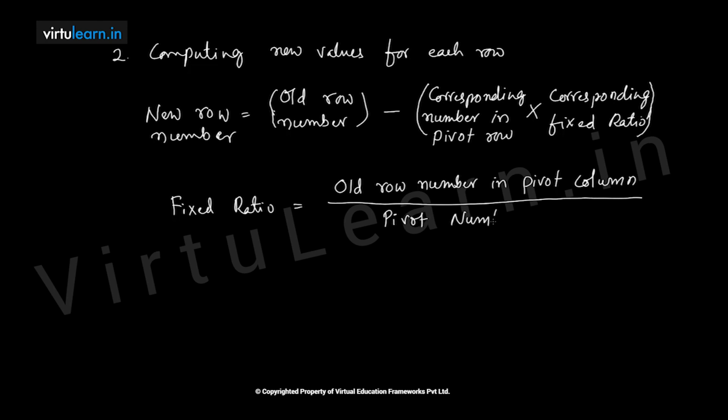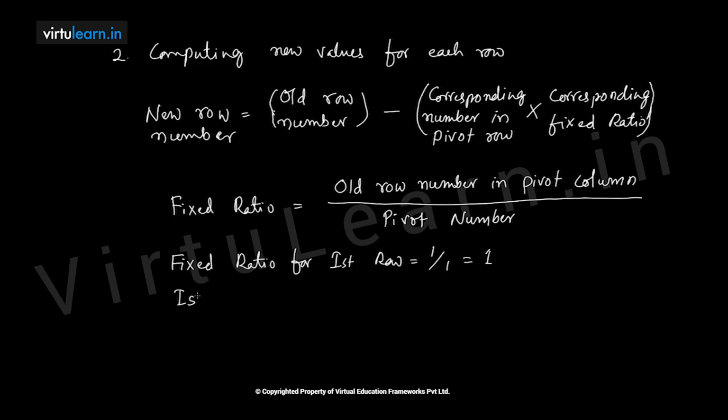Pivot number is the number which is at the intersection of pivot row and pivot column. For the top row, the first row, we will see what the fixed ratio is, because we have to rewrite those rows. Fixed ratio for first row is equal to 1 divided by 1, that is equal to 1. So first row numbers we will write like this.